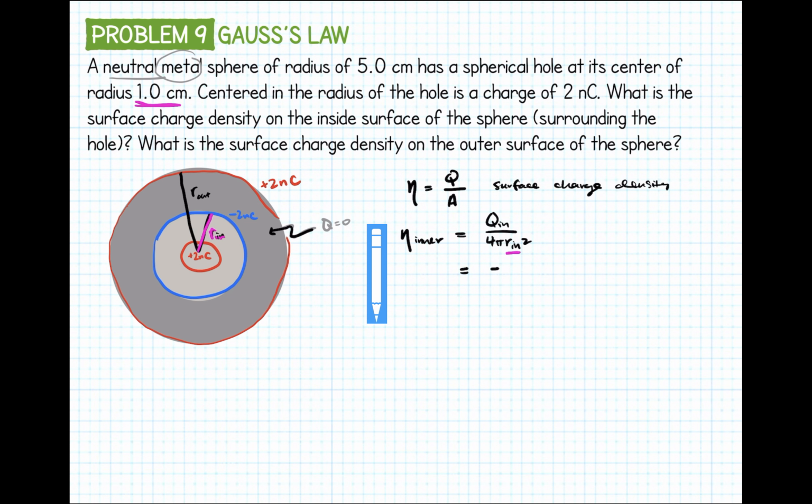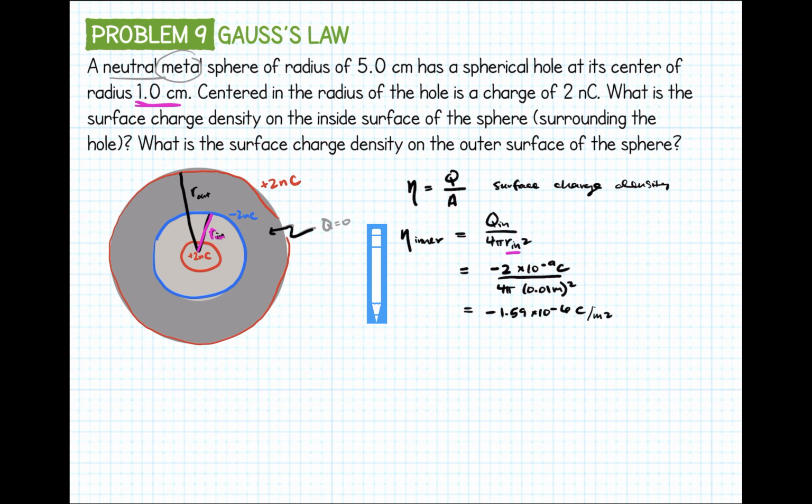So we know this is -2 nanocoulombs, but you want to write that as times 10 to the -9th coulombs divided by 4 pi times 0.01 meters squared, and that gives us an inner value of -1.59 times 10 to the -6 coulombs over meter squared.